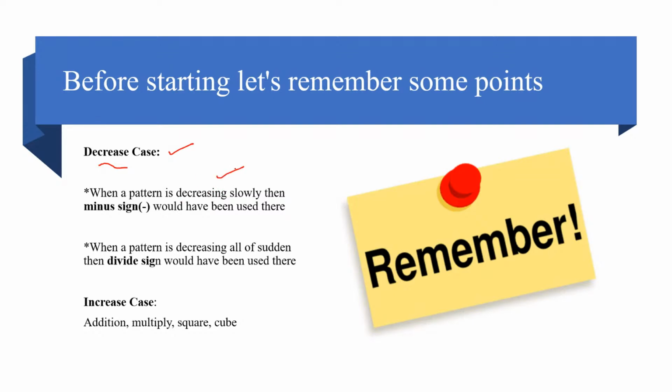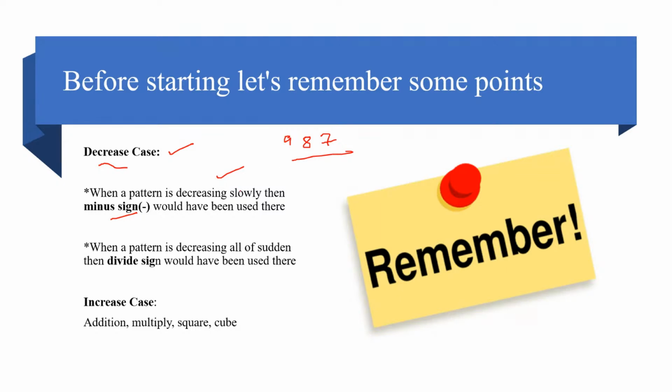Then you have to understand that a minus sign is being used there. Suppose my pattern is somewhat like 9, then 8, then 7. What is happening here? It's decreasing, so a minus sign is being used.